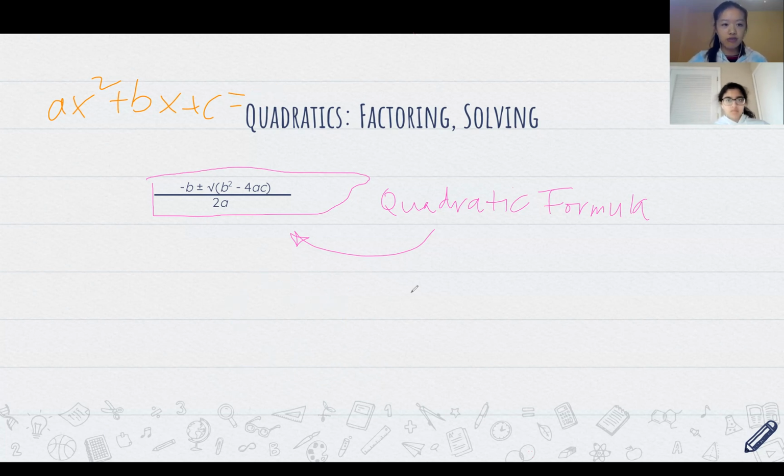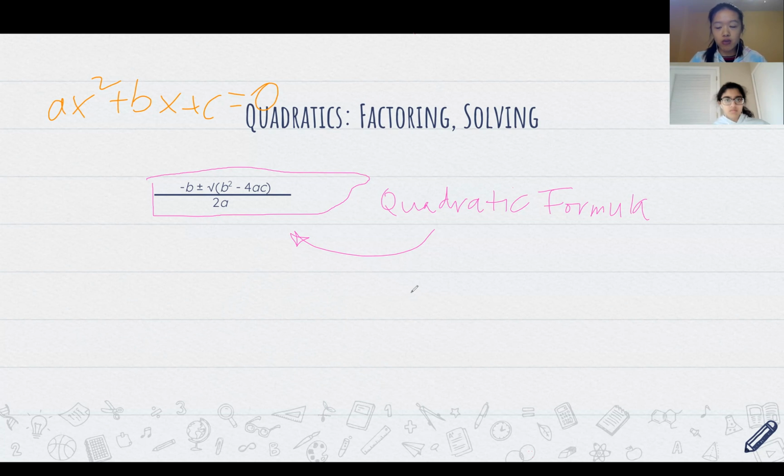Also, whenever you're solving for the solutions of a quadratic equation, that's just asking, we've got a parabola and where it intercepts the x-axis. There can be 2 solutions to this. You can have it intersect here or here. So there are 2 solutions, and that's what this plus or minus is for.